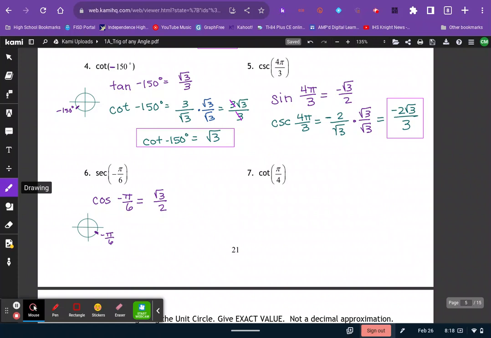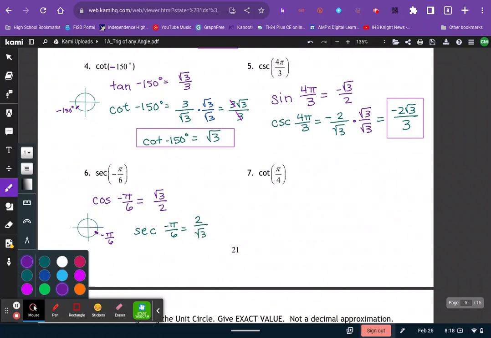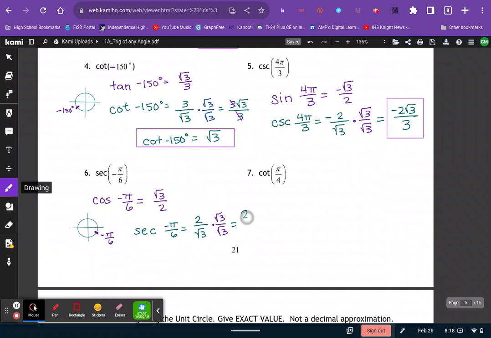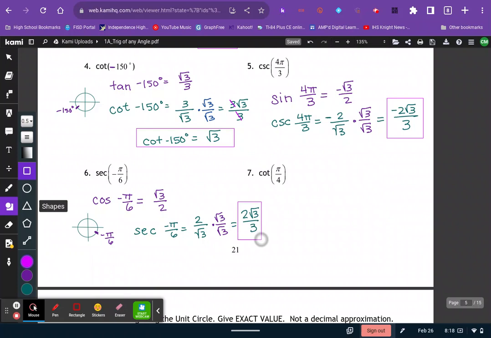Now I want to find secant of negative pi over 6. I'm going to flip the fraction. I can't leave it that way. And there we go.